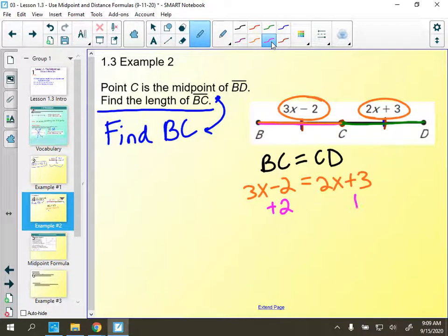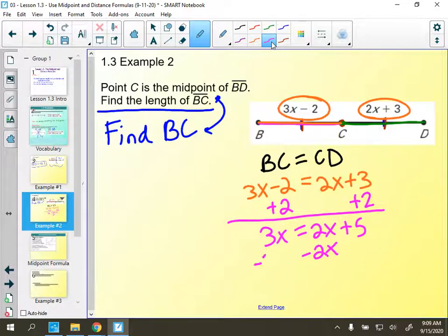We've got some options as far as how we want to solve this. I'm choosing to get the number terms together. 3x is equal to 2x plus 5. We'll finish this one. Actually, no division needed. We'll subtract 2x from both sides, which will leave us with x equal to 5. Not quite done, but I'm feeling pretty good about that.